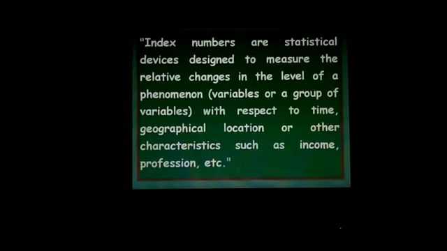In that way, the conceptual difference according to time will be considered, or geographical location may also be considered for comparison. For example, the price applicable for a 2 BHK house, like the rent in Hubli, will be compared with Bangalore, with Belgaum, or with any other geographical location.